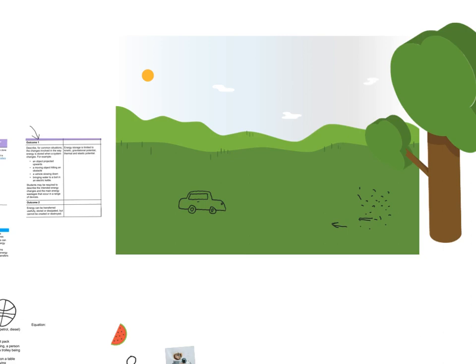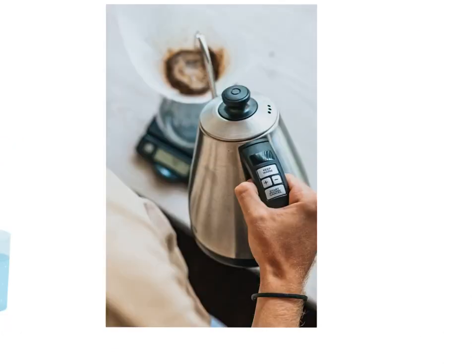Another example is bringing water to boil in an electric kettle. Now, an electric kettle works by heating up through the power supply that it is connected to, so through the plug. That means that we're transferring energy electrically through an electric current to the heater inside the kettle.